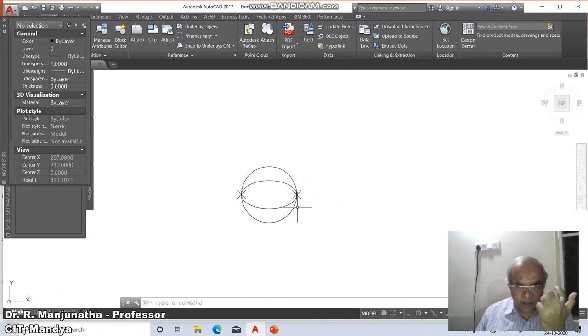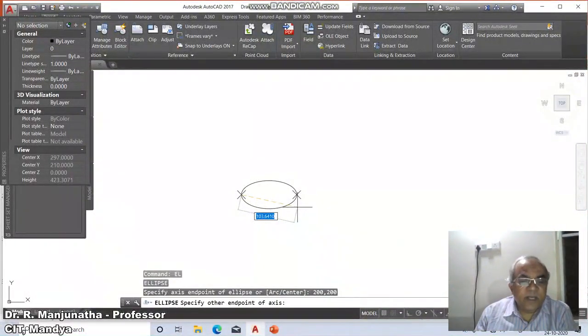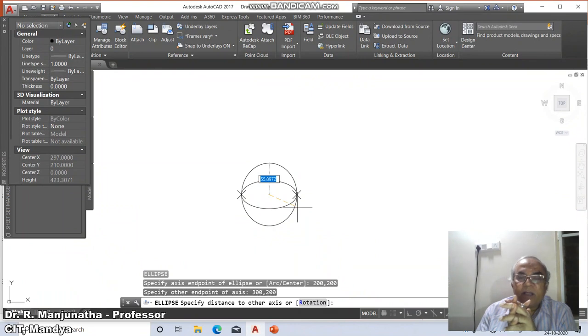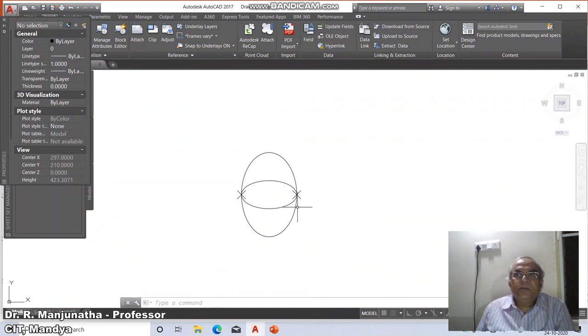Now, in the same case, if I take ellipse and say 200, 200, and the other endpoint of the axis as 300, 200, and now instead of 50, I say 75 mm, then it is going to draw the ellipse in the vertical direction.